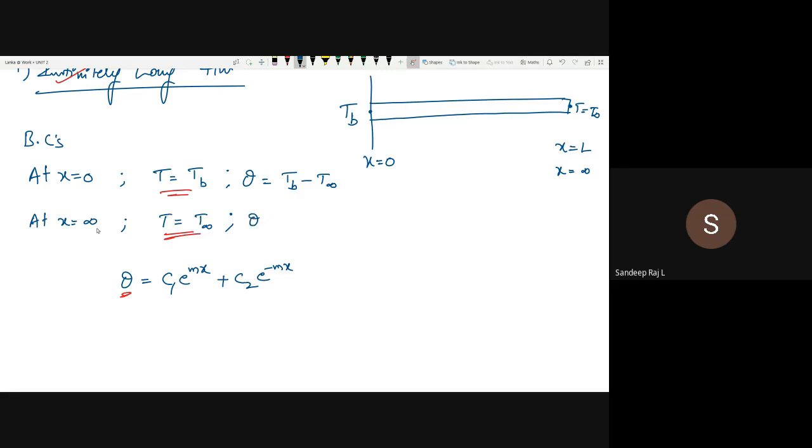And in the next one, that is x is equal to infinity, T is T infinity, so T infinity minus T infinity, theta will be 0 in the second case. This is the reason why we have considered theta is equal to T minus T infinity, and also to get a linear differential equation in this form.